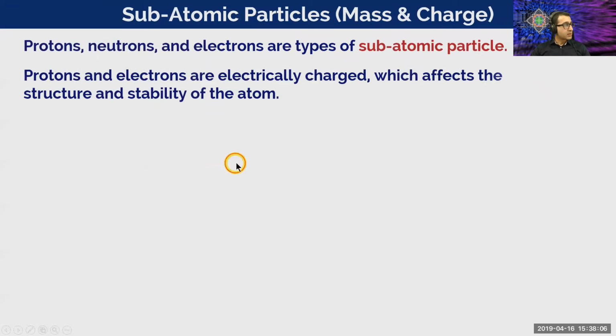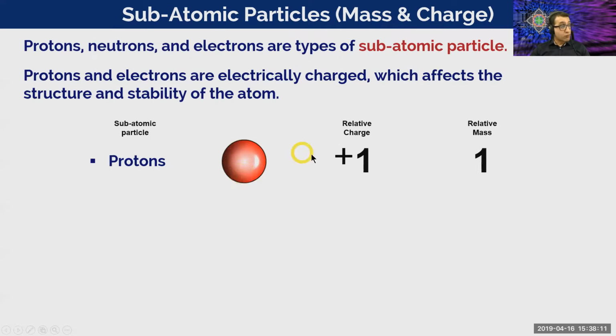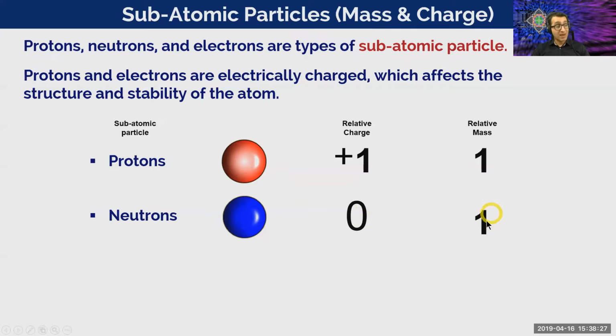All right, so to remind you, we have protons. They have a relative charge in atomic charge units, not coulombs. And this is relative, by comparison to the others. A relative charge of +1 units, a relative mass of 1 atomic mass unit. Neutrons have a relative charge of 0. They are neither positive nor negative. They have a relative mass of 1 unit.